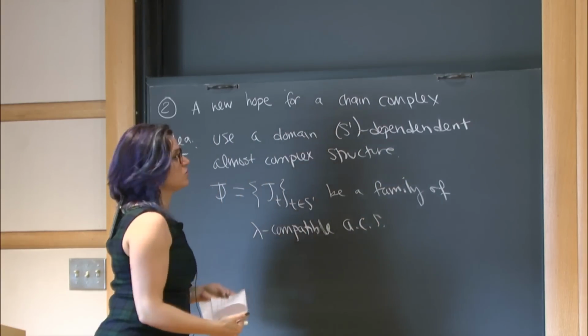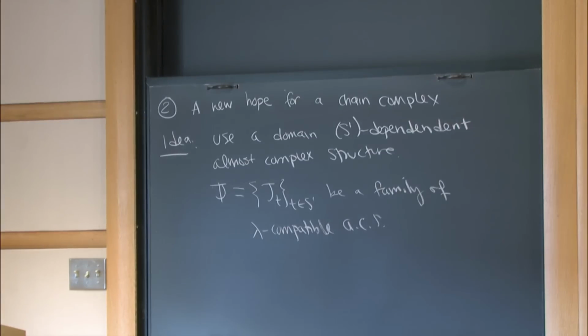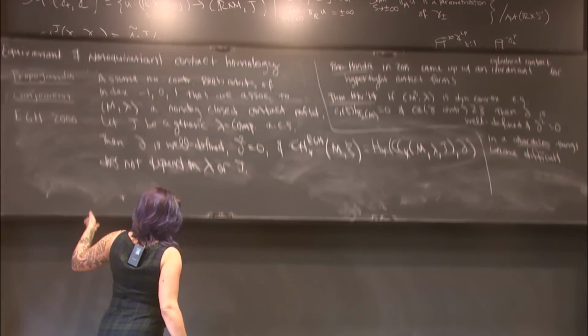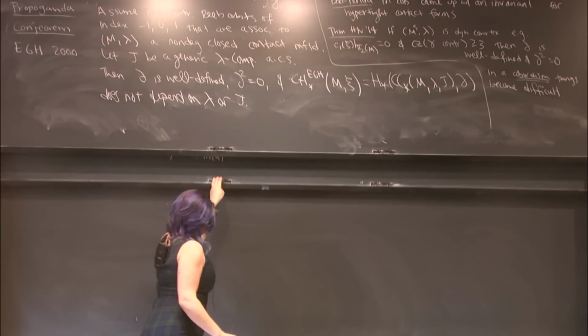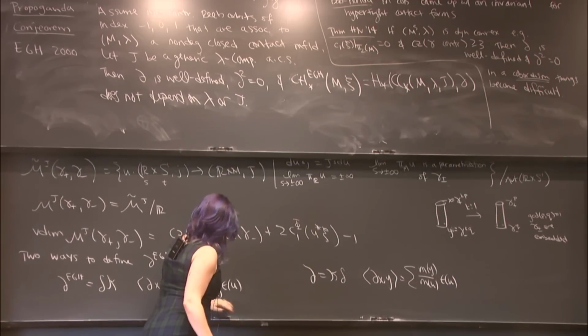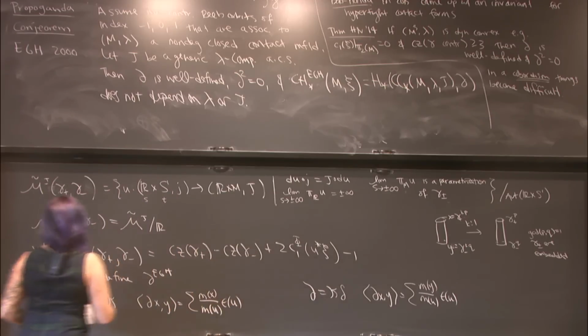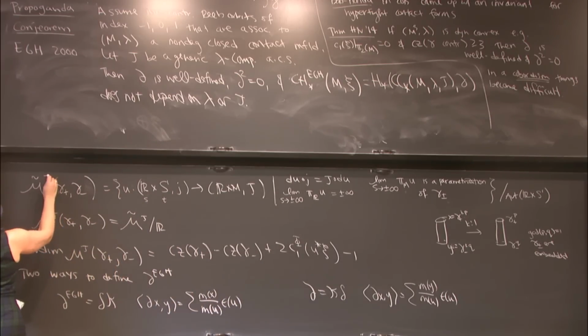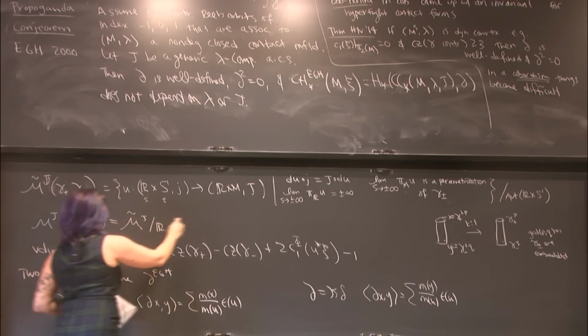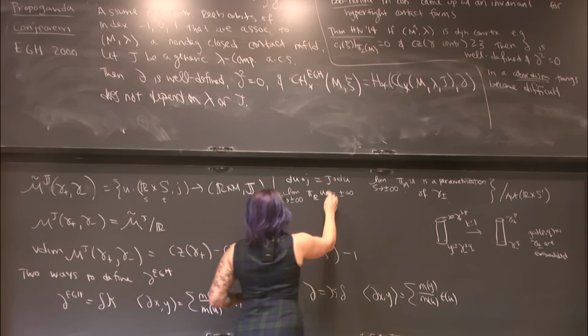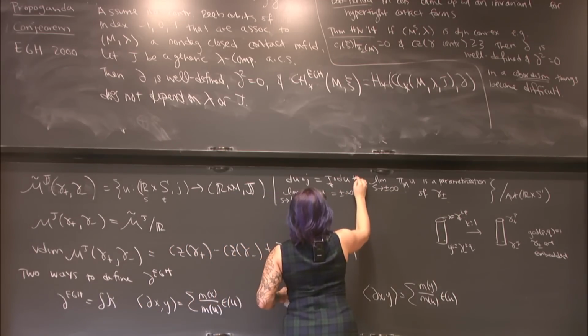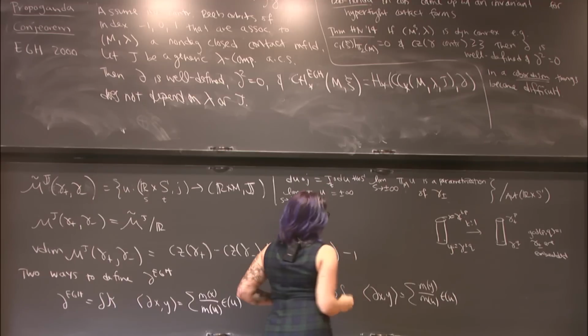And then what we'll do is we'll go back to this moduli space, and instead of using the time-independent J's, we'll use a time-dependent J. Okay, so make this a boldface J. Then this is a little J_t for all t in S1.